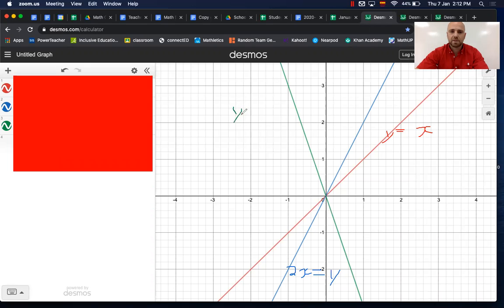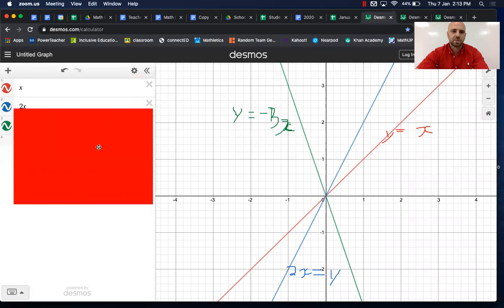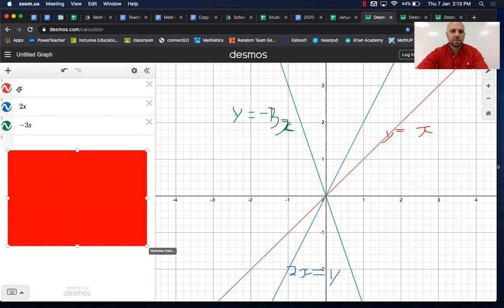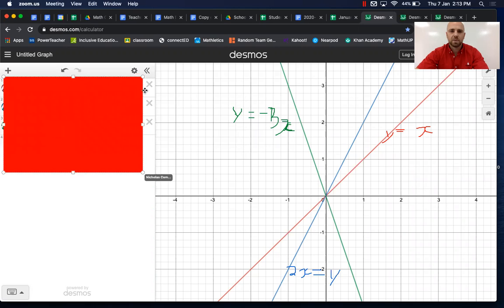So every time it moves over 1, it's decreasing by 1, 2, 3 units. So y equals negative 3x. Let's see how that worked with each of them. I had x, 2x, and negative 3x, so each of those were correct.